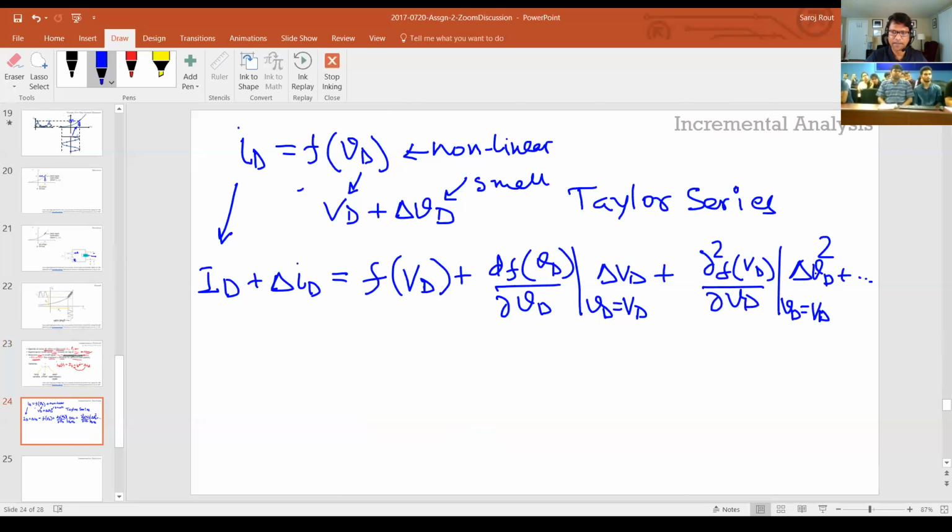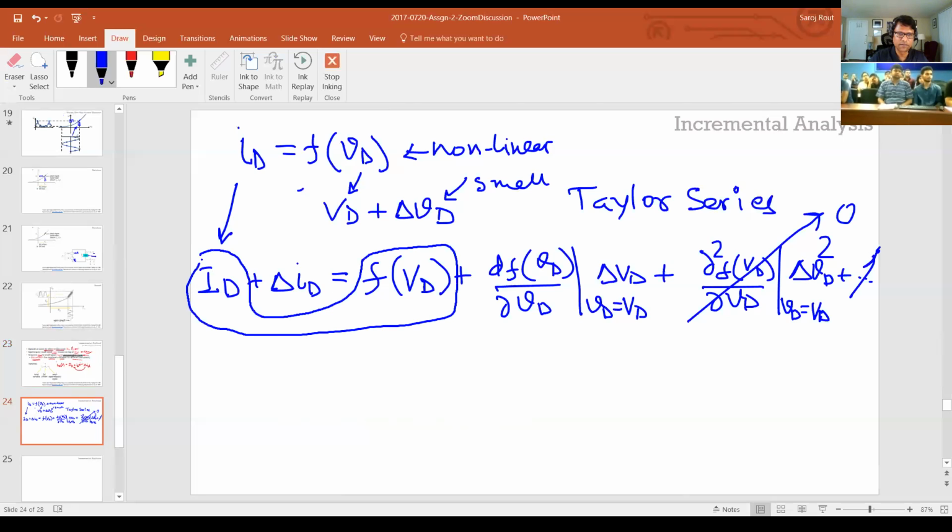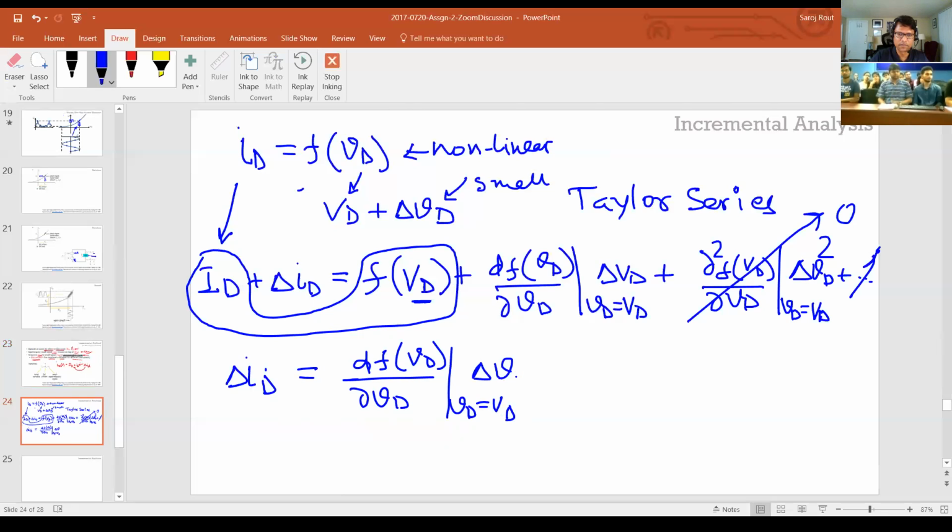Now, because we're assuming that delta VD is really small, all the higher terms we neglect, right? If you do that, you can see that this term equals that, because the DC current is nothing but the response of that nonlinear function to this DC voltage. So the remaining incremental part is df(VD)/dVD evaluated at VD equals VD, times the incremental voltage.